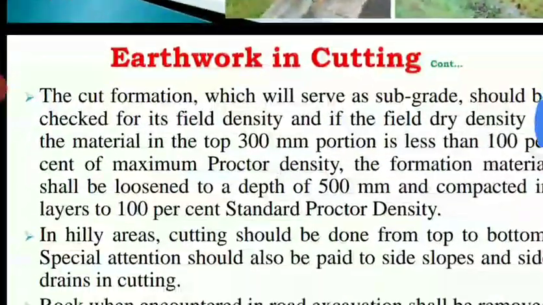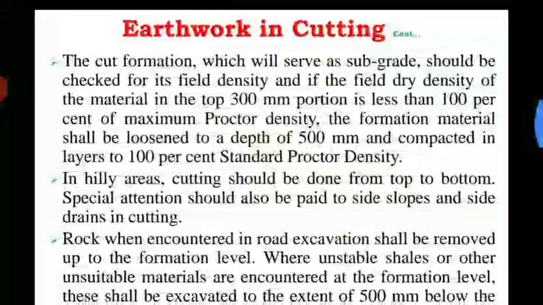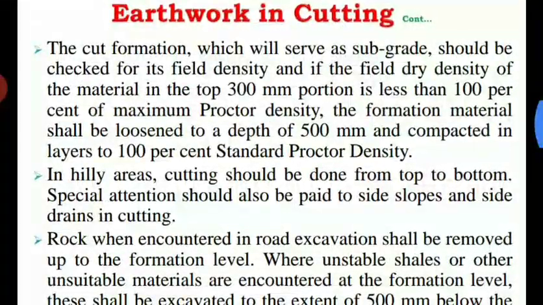And then the further part, that is the cut formation, which will serve as a subgrade, that should be checked for its field density. Whatever the soil used in the earthwork should come with a field density test.